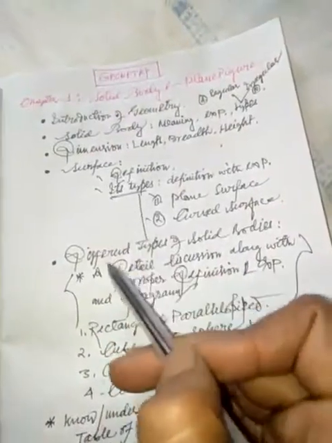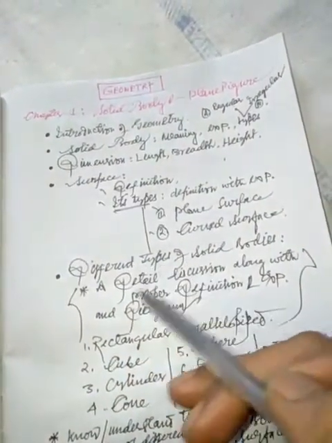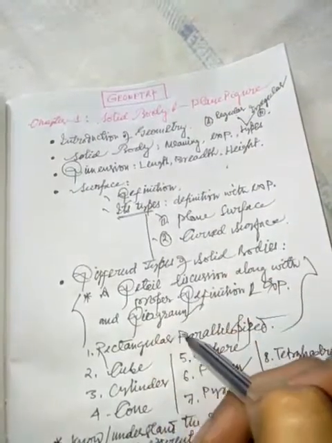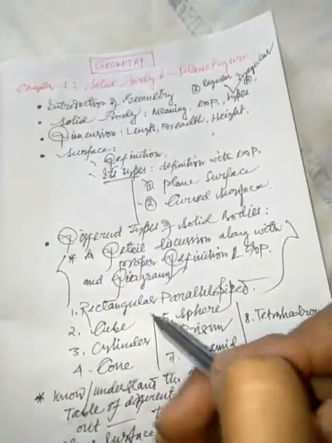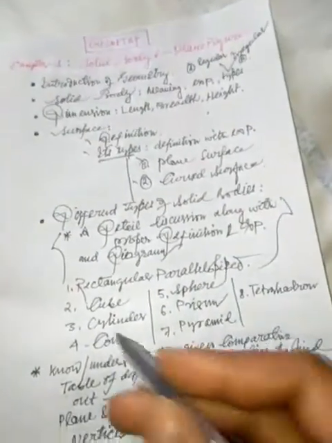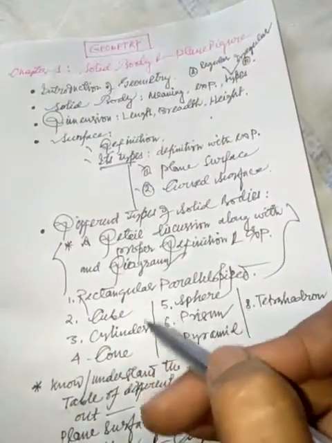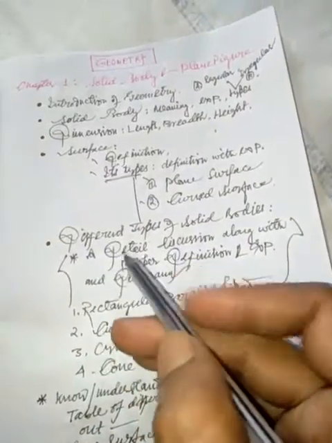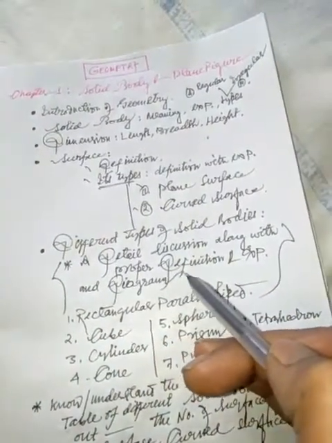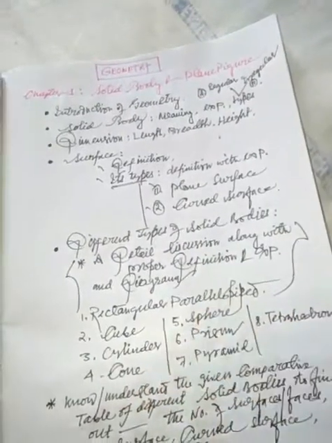The fifth topic of this chapter is different types of solid bodies. So before pointing out these different types of solid bodies, let me inform you that a detailed discussion along with proper definition and example and diagram is a must thing here.